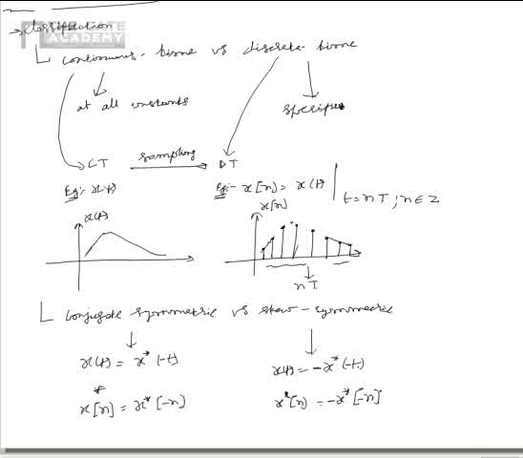Under the section on conjugate symmetric and skew symmetric properties, we will be mainly looking into the different properties related to continuous time signals, but they can equivalently be applied for discrete time signals as well. Given the idea about conjugate symmetric and conjugate skew symmetric signals, now we will look into a specific property of any arbitrary signal.